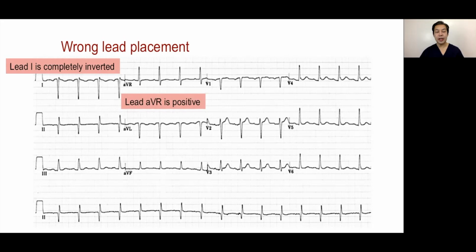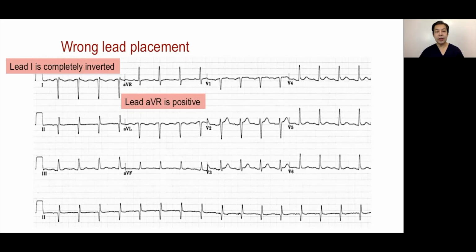And you know that this is wrong because we know that in the conduction system, there is sidedness. It would be going right to left, and this one is going left to right because, again, lead 1 is left-sided, AVR is right-sided. So in normal individuals, in normal recording, lead 1 should be upright and AVR should be completely negative in all its complexes.